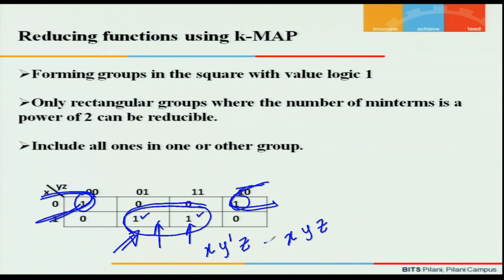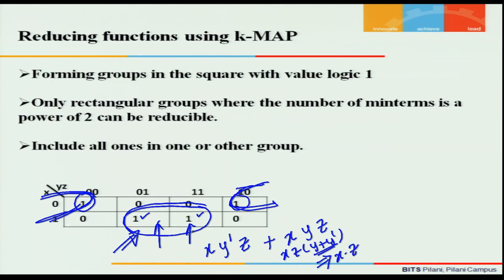If you combine these two, you will find x y bar z plus x y z. By the basics of Boolean algebra, I could write this as x dot z into y plus y bar, which equals 1. So, it results in x dot z.